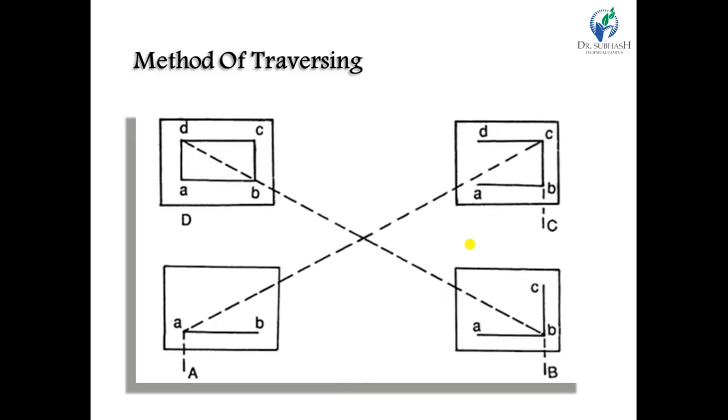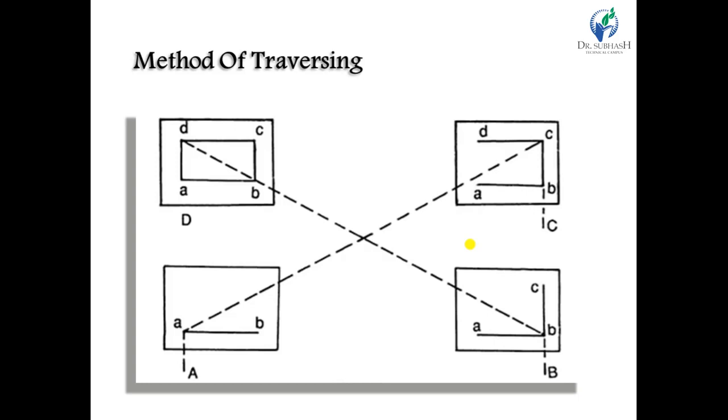Now see the picture. How can we use the method of traversing for locating our boundaries that are not previously defined. First, we have to put the table at A, sight the point B and draw the line AB.